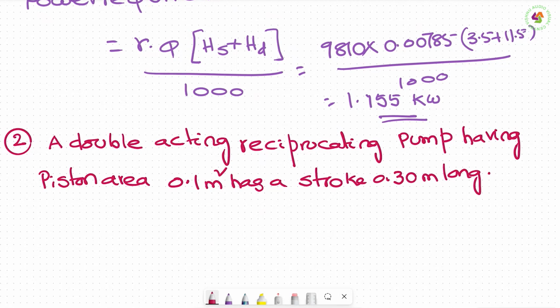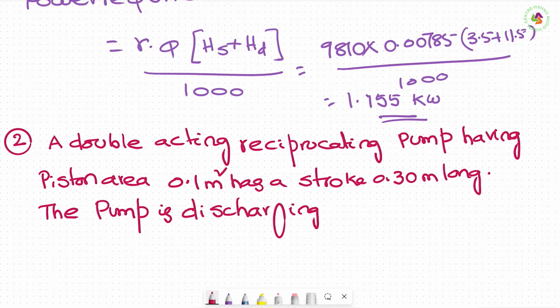The pump is discharging 2.4 meter cube of water per minute, not per second.